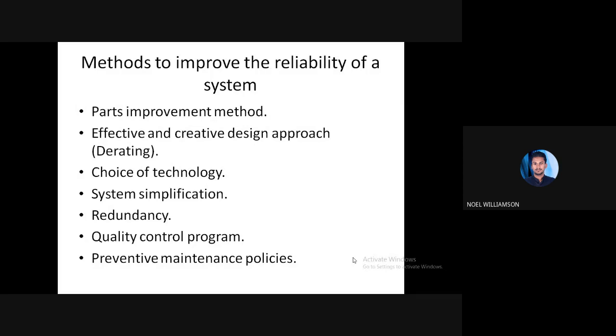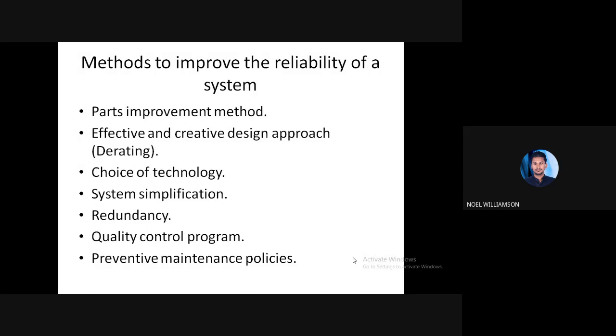In the case of reliability, we can say the mechanical tachometer is more reliable than the electrical or electronic tachometer, so we'll go for the mechanical tachometer. Likewise, we can make the choice of technologies.